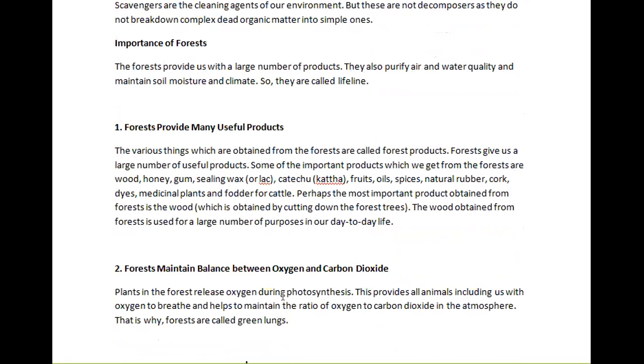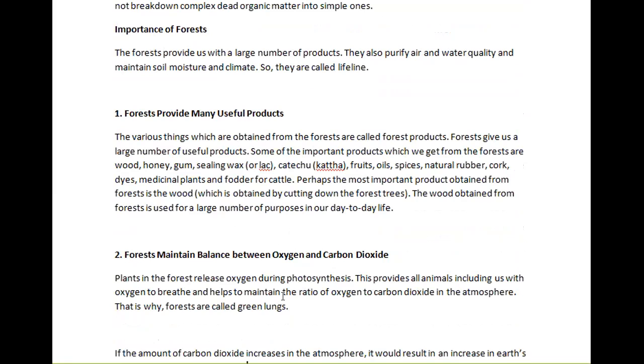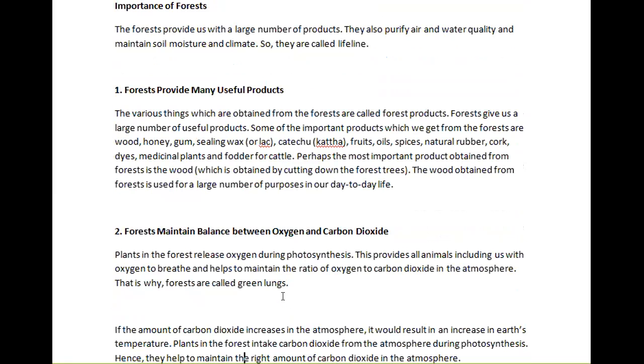So what is the importance of forests? As we know, forests give us many useful products. Wood, which is used for making furniture, tables, chairs, wooden doors, wooden articles, wooden boxes, etc. So they provide us with wood, fruits, oils, spices, etc. That is, all our day-to-day needs are produced by forest materials.